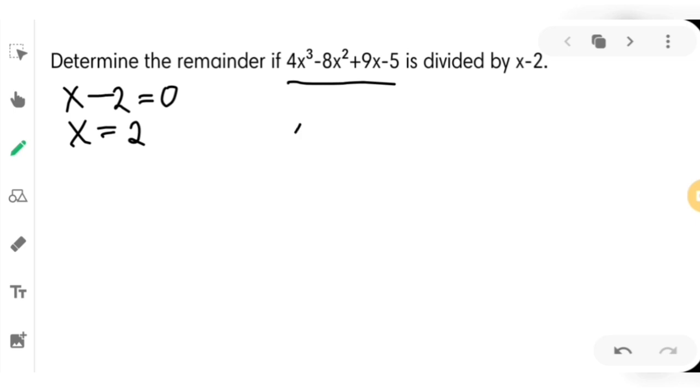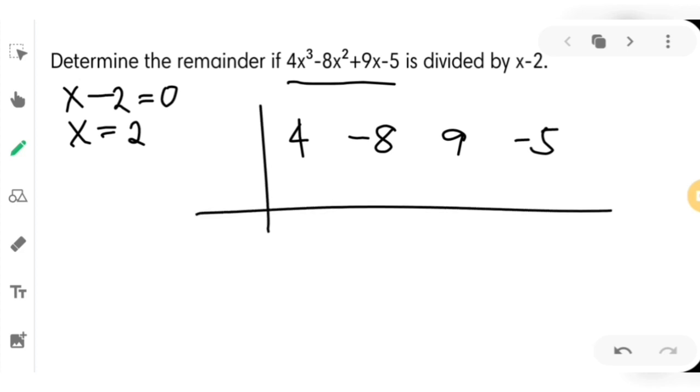So we have 4, negative 8, 9, negative 5. Then copy the root of the divisor. Then we are going to bring down the first number, which is 4. Then multiply. 4 times 2 is 8. And then we are going to add negative 8 plus 8 is 0.